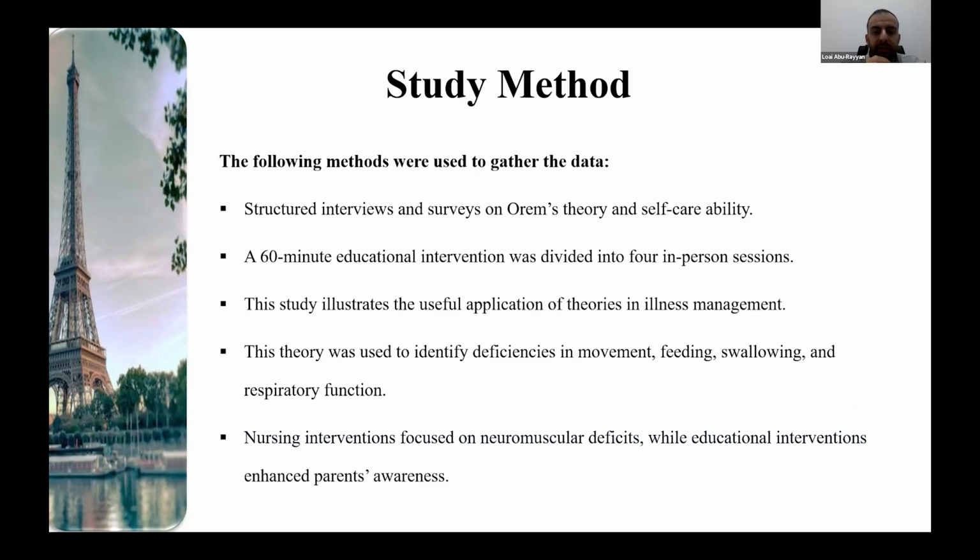This theory was used to identify deficiencies in movement, feeding, swallowing, and respiratory function, and their management for the family and patient. Nursing interventions focused on neuromuscular deficit, while educational interventions enhanced parent awareness.